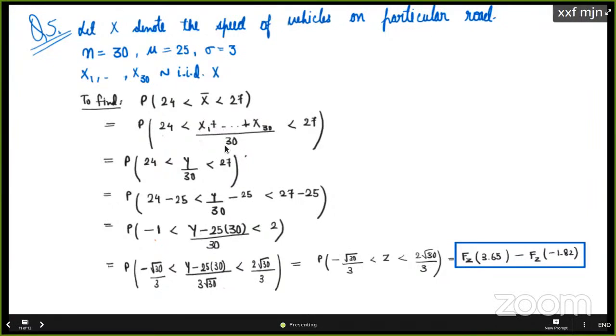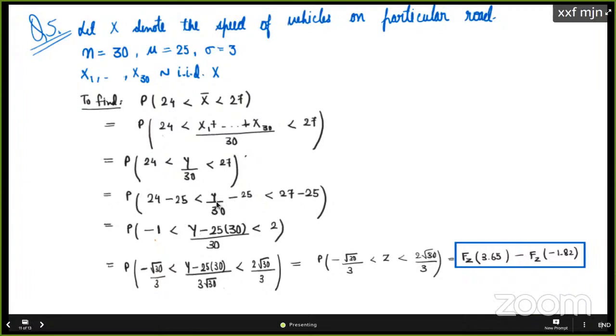I'm converting this: I'm saying that x1 plus to x30 is a random variable Y. So 24 is less than Y by 30 less than 27. Now what is mu here? 25, right? So I subtracted the mean on both sides. It becomes minus 1 is less than Y by 30 minus 25.